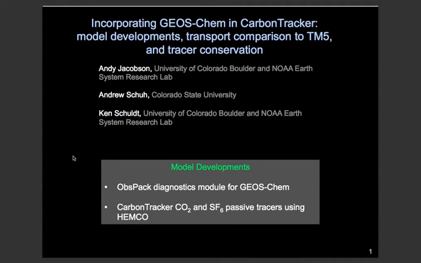We're going to confuse things not only by changing the order, but we're putting two Andys from Colorado working on CO2 next to one another. We are both comparing GEOS-Chem to TM5. We decided to change the order because I am dealing with a simpler story and a simpler tracer, and Andrew Hsu is going to follow up with a full CO2 explanation, which is more complex. First of all, I grew up using TM5, and I have to say that learning to use GEOS-Chem has been a delight.